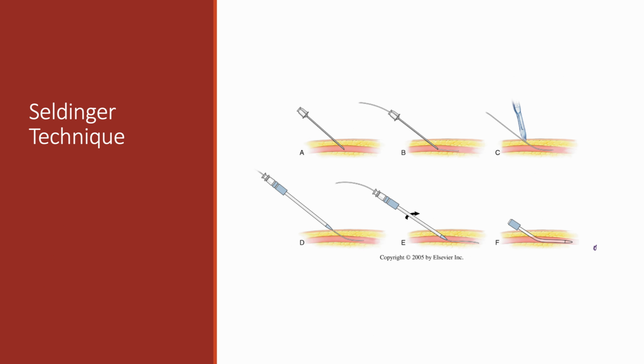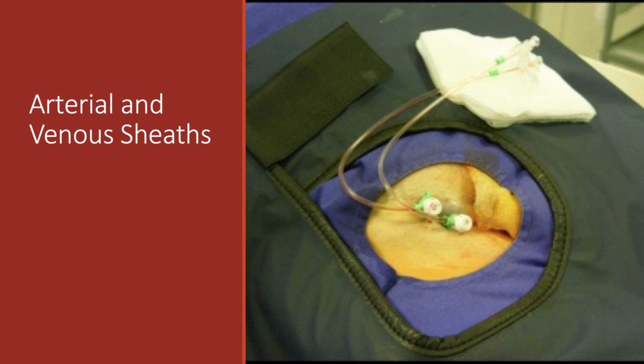So this is the Seldinger technique, and in this we put a needle into the vessel, and then when we get blood back, we put a wire in through the needle. Then we pull out the needle, make a little nick in the skin, and we put in this introducer sheath that has a dilator on it, and then we pull out the wire after we get it in there, and we pull out the dilator as well, and the only thing that remains then is the catheter itself.